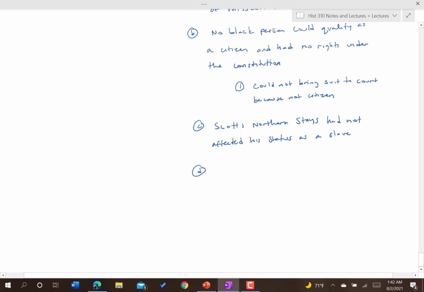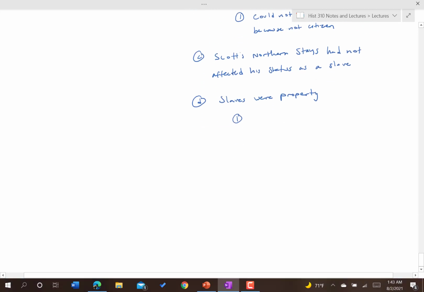The reason it had not affected his status as a slave is because slaves were considered property by the Constitution, by the structure, and therefore, because they're property, the Fifth Amendment prohibited Congress, or the courts and everything, from taking property without due process.